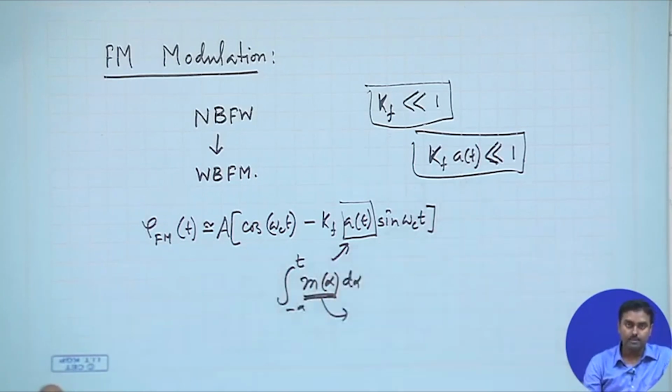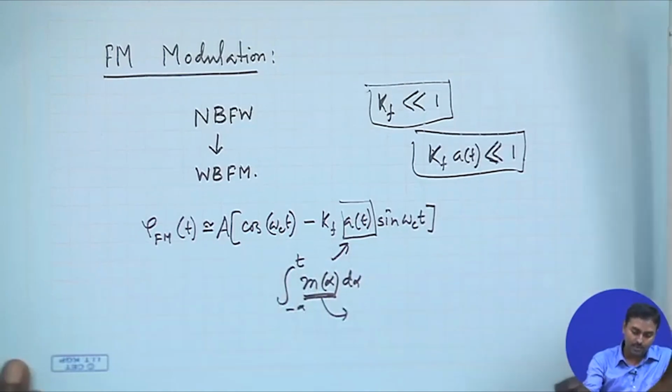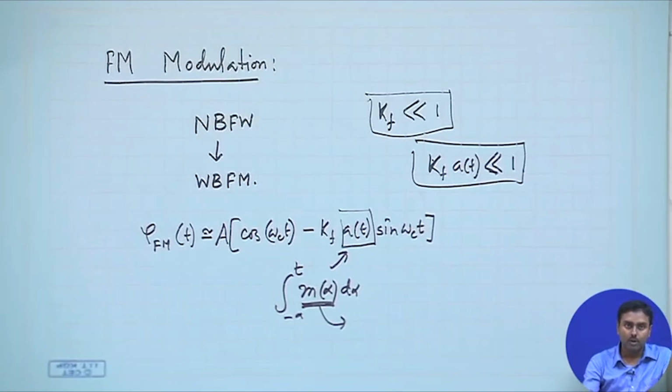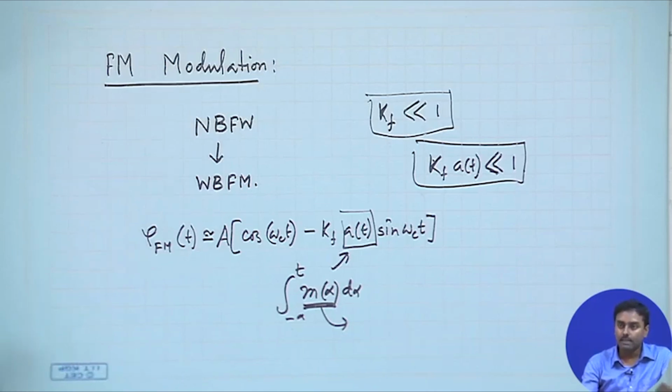So, we get this particular expression, and we have seen that narrowband FM modulation looks very simple. It is almost like our DSB-SC or amplitude modulation kind of thing, where you multiply this with this.